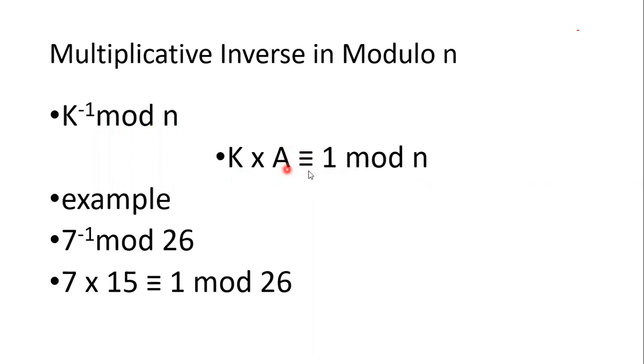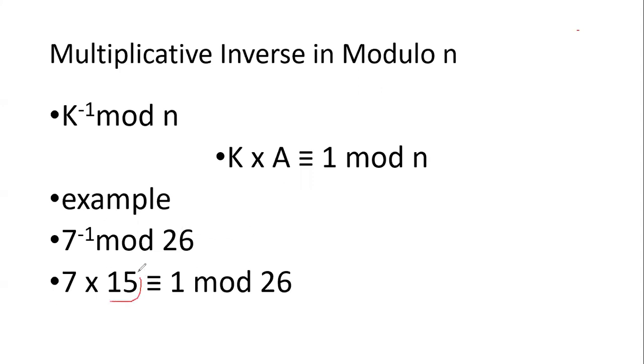This symbol is called the congruence. So for the congruence, we need to find this tricky number. When we multiply it with the key and divide it by n, the remainder should be 1. For a simple example, I have illustrated here 7 inverse mod 26.